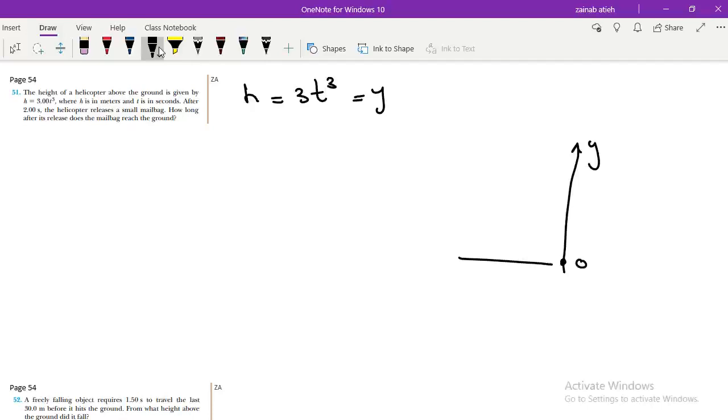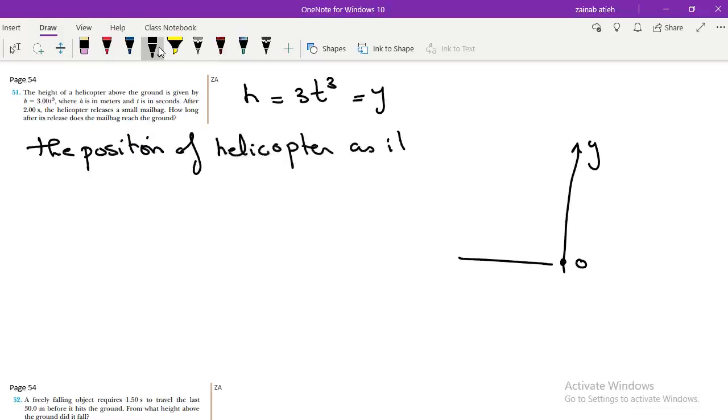So the position of the helicopter as it throws the mailbox, at t equals 2, so I will substitute.